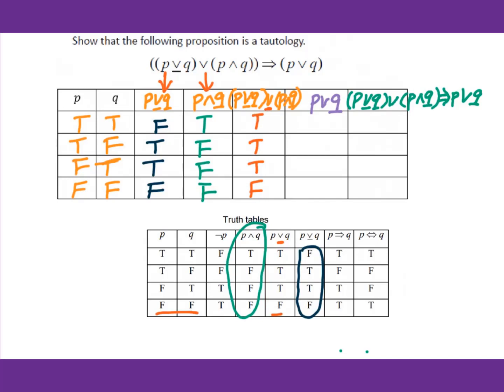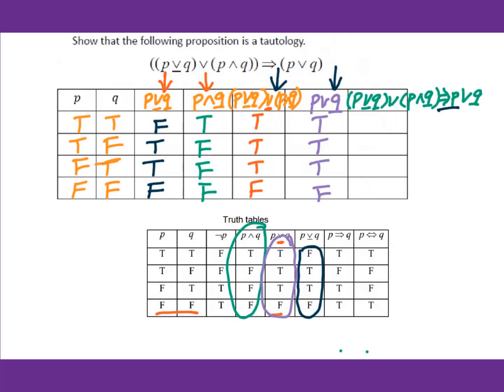For P or Q, it's here. We can get true, true, true, false. Now we have to do these two columns. Do implication.